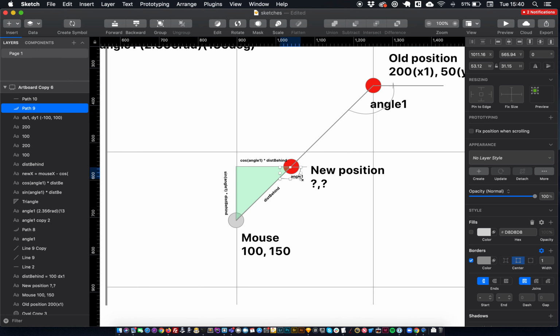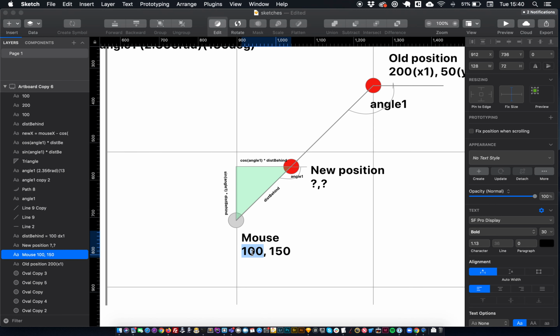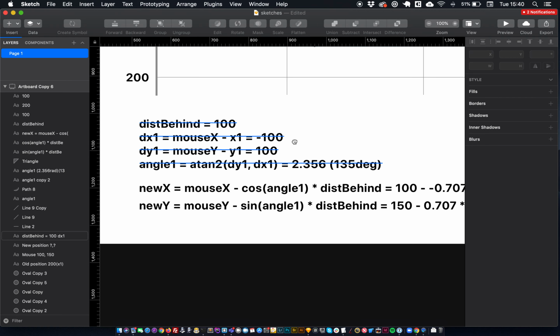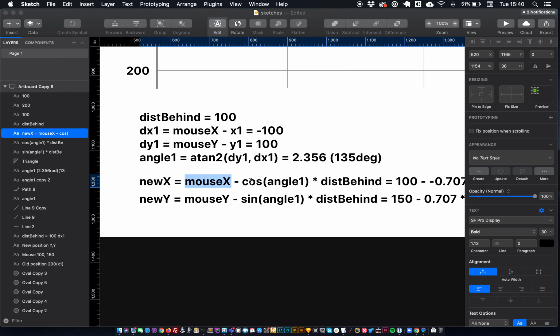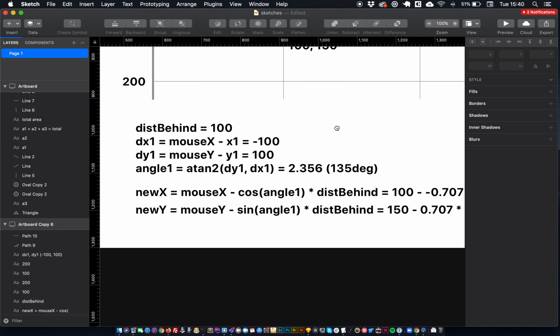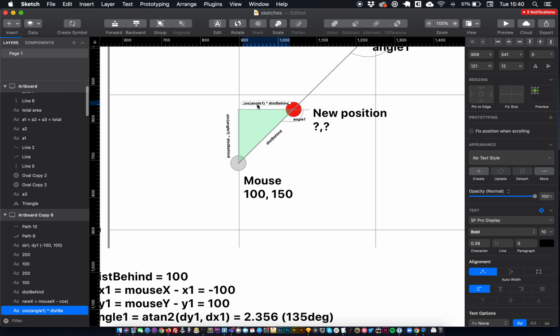So we're going to use that angle to figure out what this distance is and what this distance is, so that we can then minus those two distances from the mouse position, which we know, to get the new position of this follower. And the equation to do that is the mouse position. Well, let's just first figure out this here.